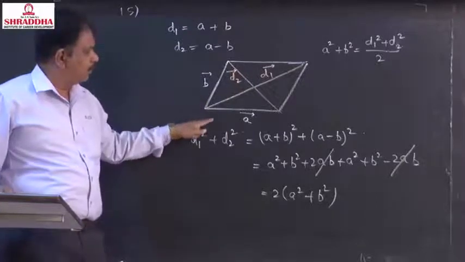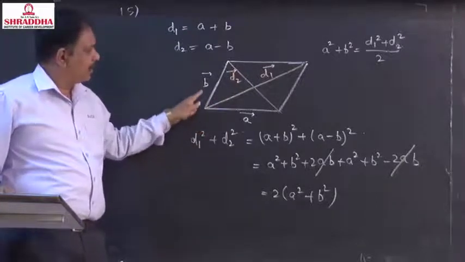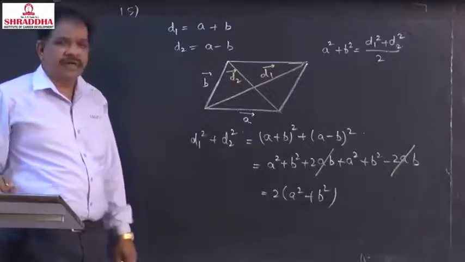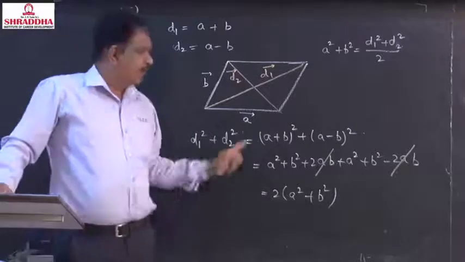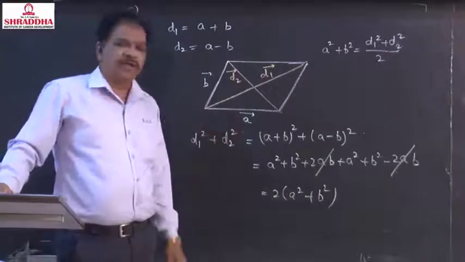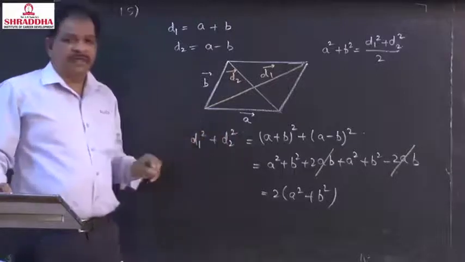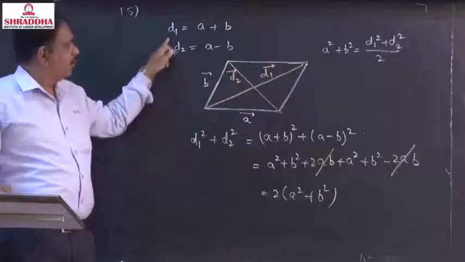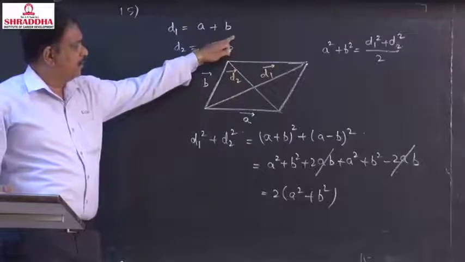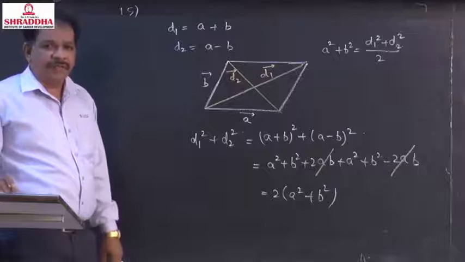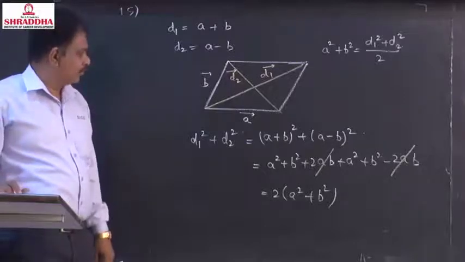So a parallelogram is formed with the sides A and B. D1 and D2 are the lengths of the diagonals. Then A square plus B square value how much? So according to properties of parallelogram, one diagonal length will be A plus B, another diagonal length will be A minus B. Okay.